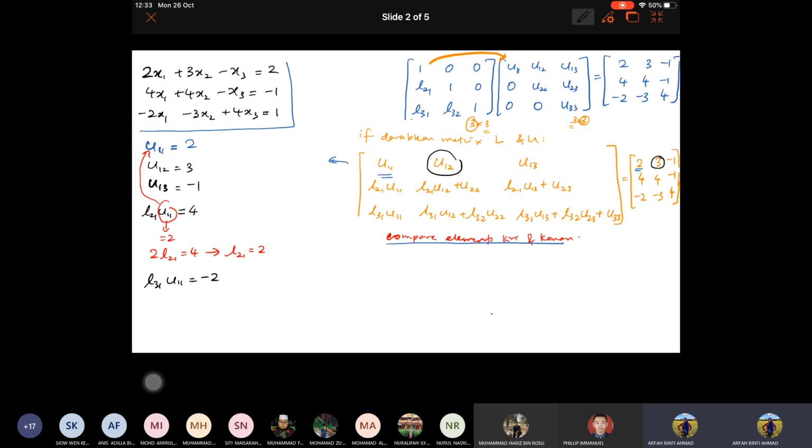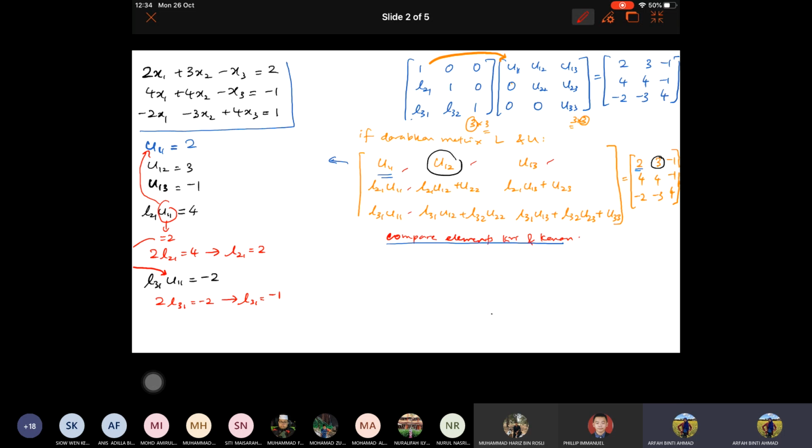So daripada sini L31 U11 sama dengan negatif 2. So kita selesaikan U11 tadi awak dah dapat dia sama dengan 2 dekat sini. So L31 2 L31 sama dengan negatif 2. So L31 akan sama dengan negatif 1. Okay. So dah selesaikan this one is solved untuk first row, first column dah settle.